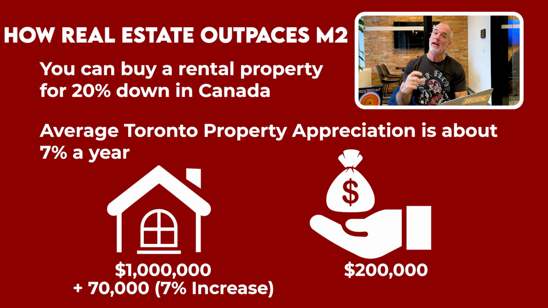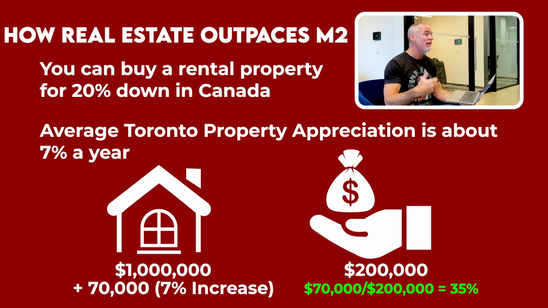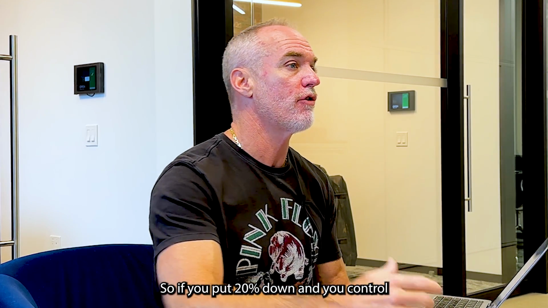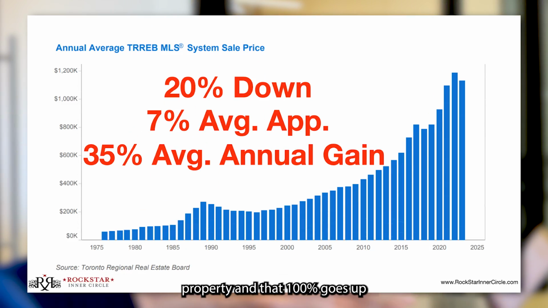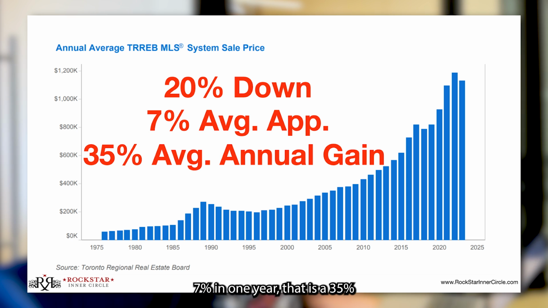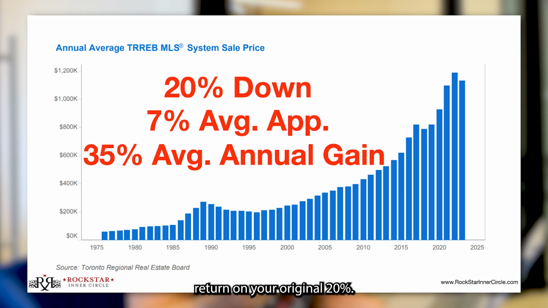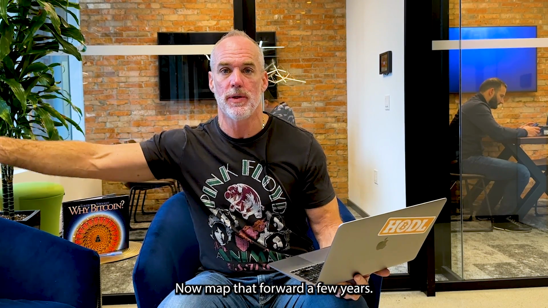Well, a 7% gain on a property, if you only put 20% down to control that property, the return on your 20% is actually 35%. So if you put 20% down and you control 100% of the property, and that 100% goes up 7% in one year, that is a 35% return on your original 20%. Now map that forward a few years.